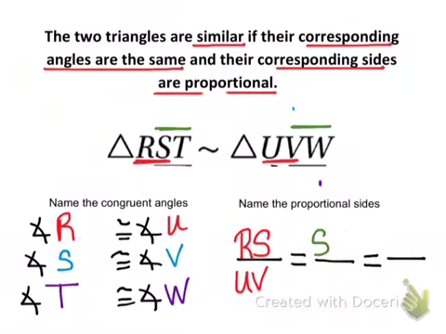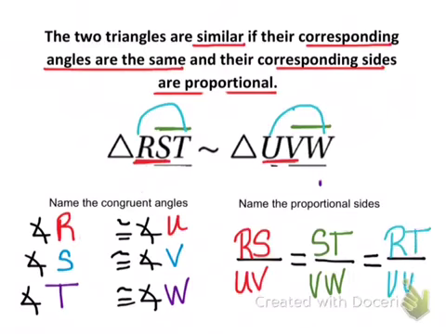So ST is in my pre-image. VW is in my image. And my final and third side in the triangles would be RT and UW. So RT is in my pre-image and UW is in my image. So there I've listed my congruent angles and my proportional sides from my similar triangle statement.